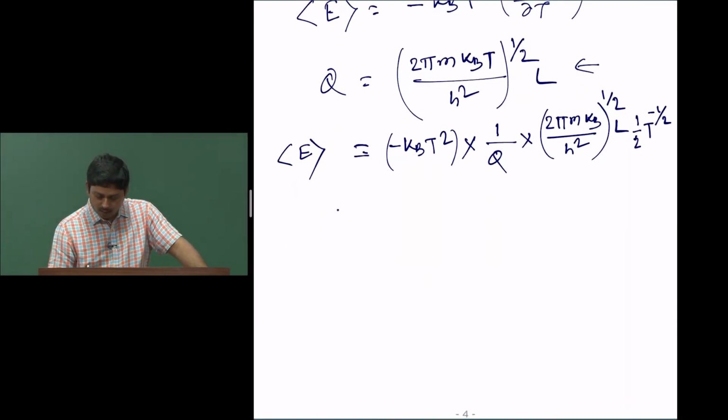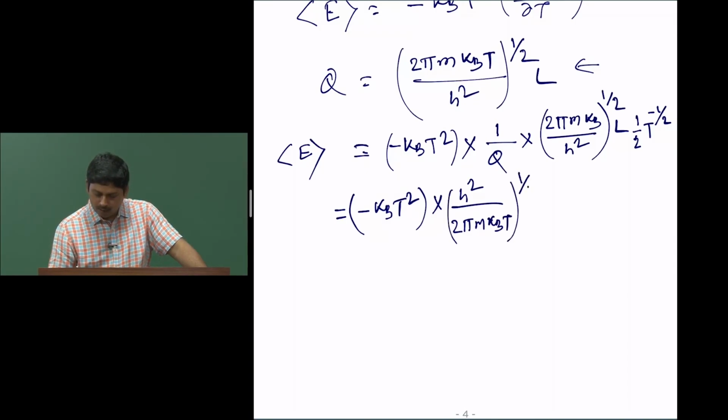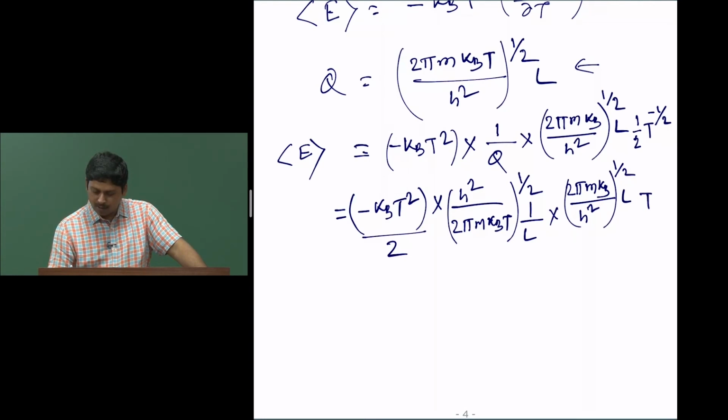Now, let us see what it gives us. Minus k_B T square into, now 1 by q will be h square divided by 2 pi m k_B T to the power half, and there will be 1 by L, multiplied by 2 pi m k_B by h square to the power half into L, and there is a half here, and T to the power minus half which I am writing here.